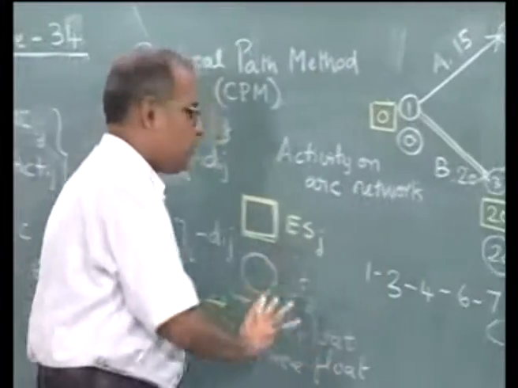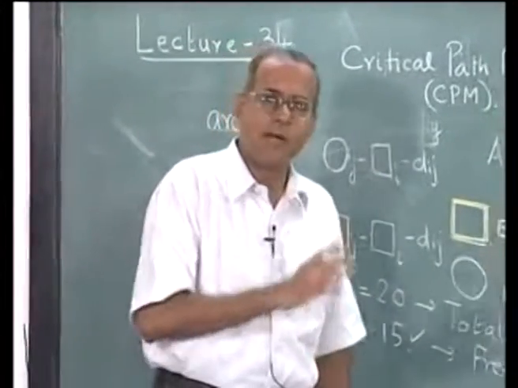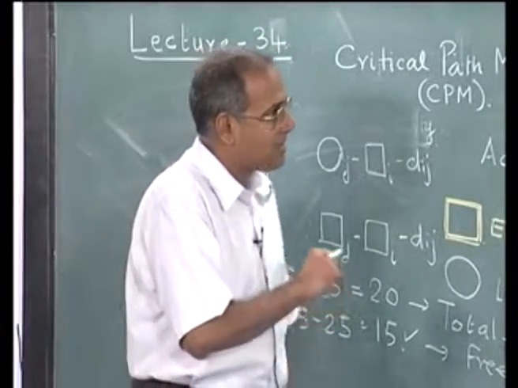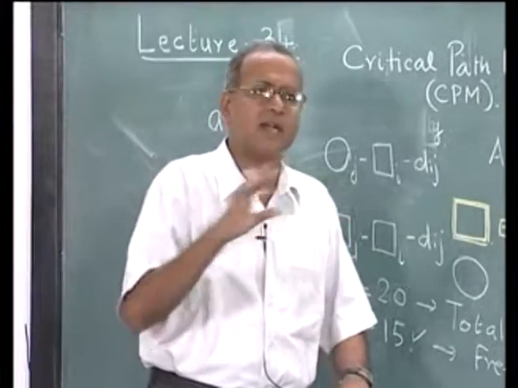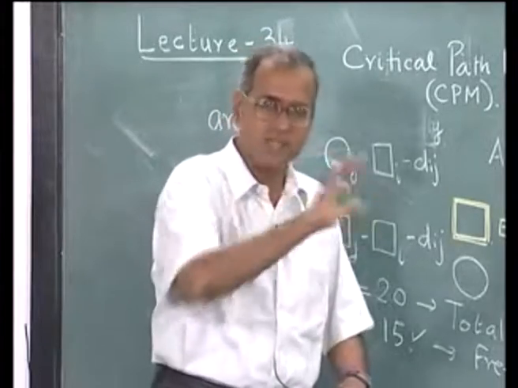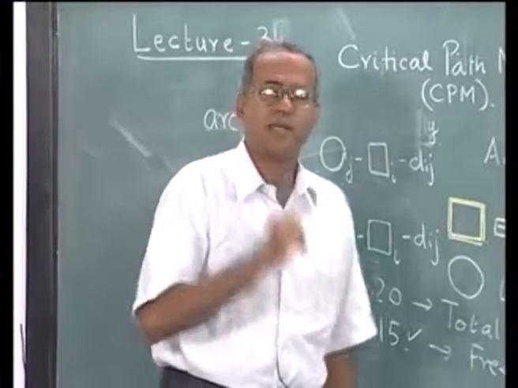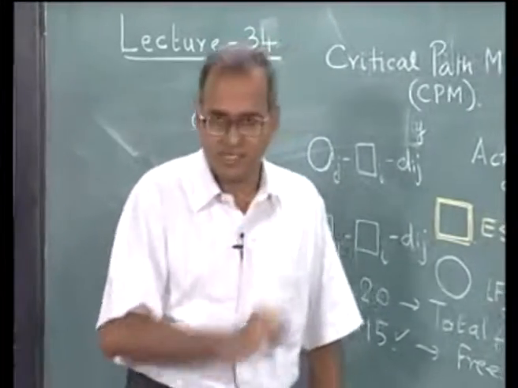So, both these floats give us a picture of some extra time that is available, and total float represents some kind of an extra time that is available across the entire path containing these arcs, and free floats are specific to the arcs.